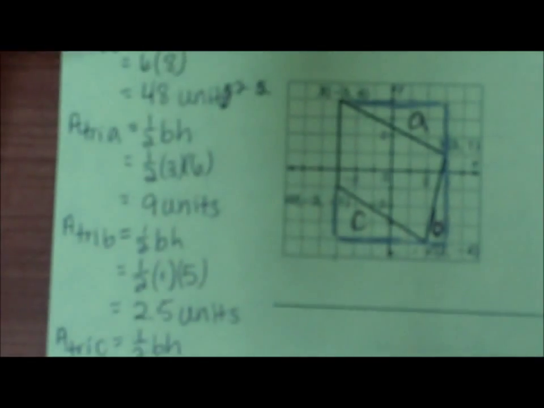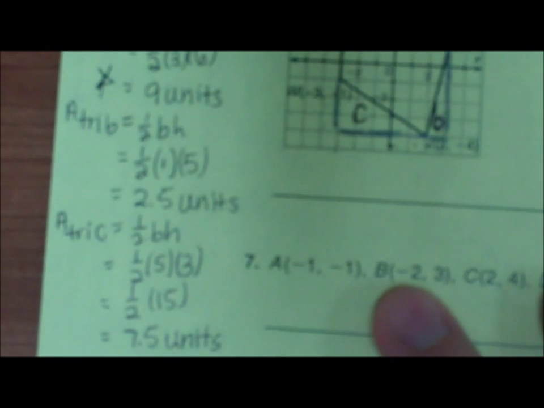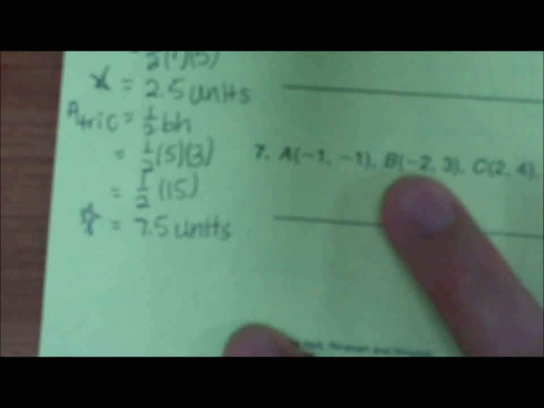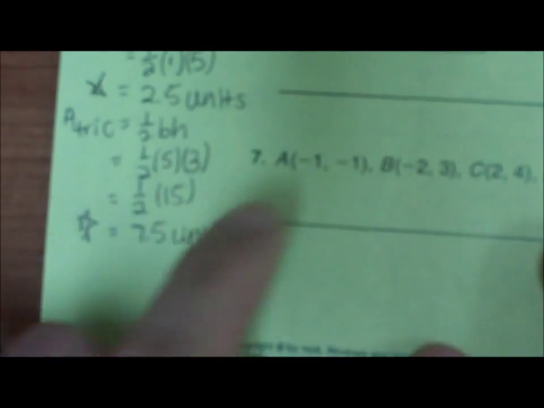So I have the area of a rectangle, the area of triangle A, the area of triangle B, and the area of triangle C. So to get the area of this polygon, I'm going to take the area of the rectangle, which is 48, and I'm going to subtract the area of the 3 triangles. So the first triangle was 9. The second triangle was 2.5.